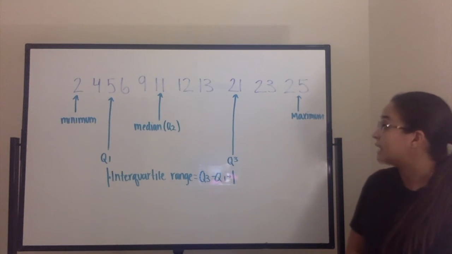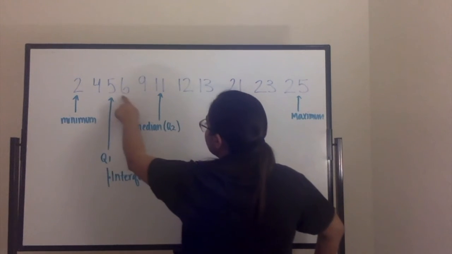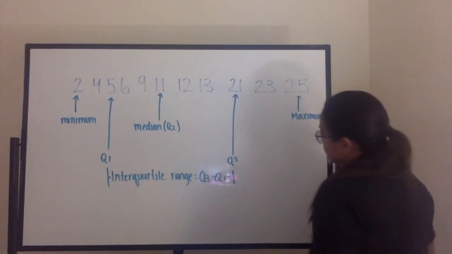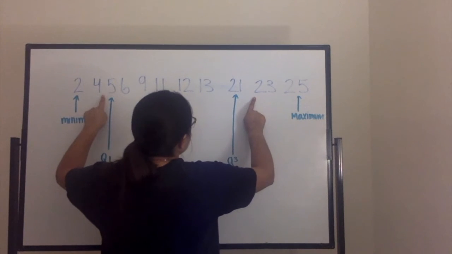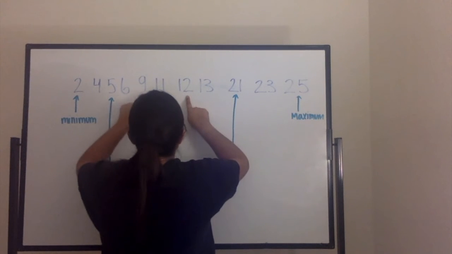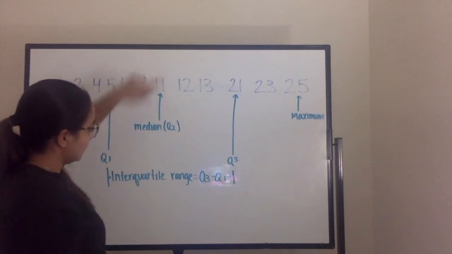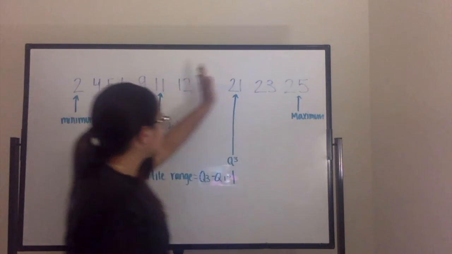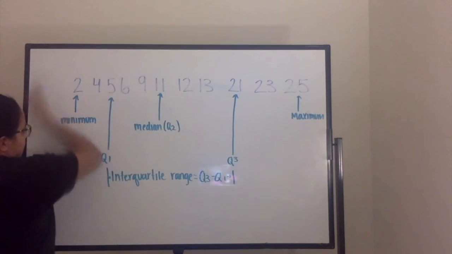Now, the median, since we have 11 numbers, is 11, because we have 5 numbers on each side, and our middle number is 11. Okay? This is Q2. This is a separation between the upper half, which is 12 to 25, and our lower half, which is from 9 to 2.